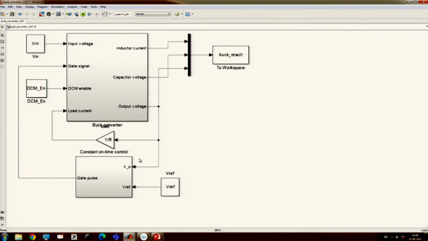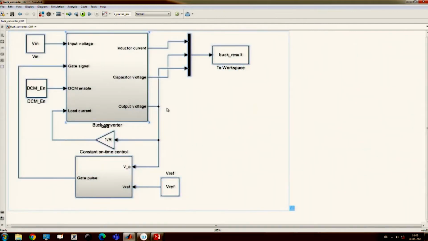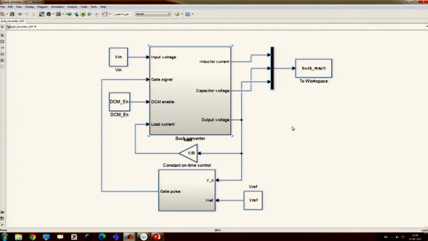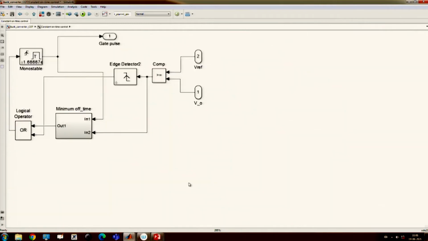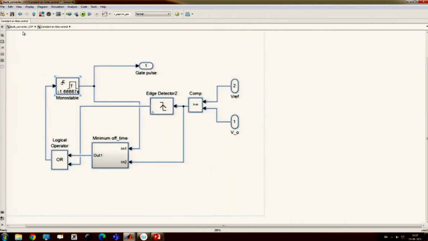We can use any other load also. This is a resistive load, and then this is a constant on time control. If you go inside, which we have discussed now.